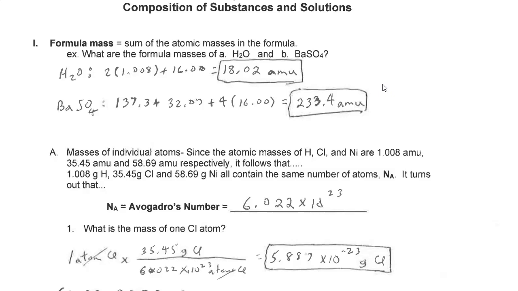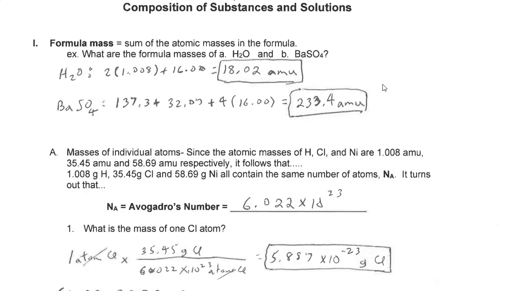But there are somewhere on the order of, rough number here, probably pretty close to about 100 million different compounds out there. So wouldn't it be nice if I could take a concept that works for 92 different things and extend that to 100 million and 92 different things? Wouldn't that make me a whole lot smarter? Well, that's exactly what formula mass is.